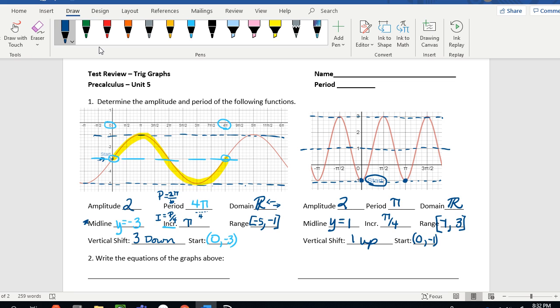All right, write the two equations for the lines above. Okay, so that means I have to go in both of these because if you remember the equation, it's y equals a sine or cosine of bx minus c plus d.